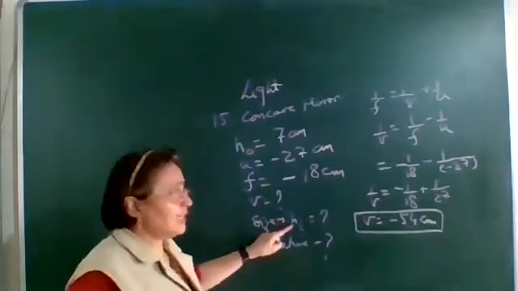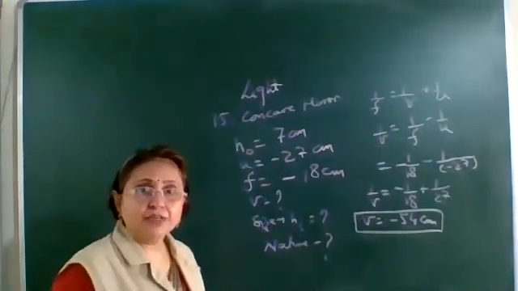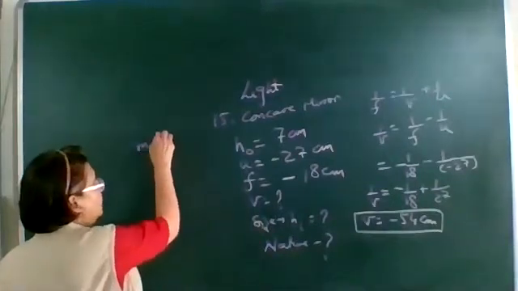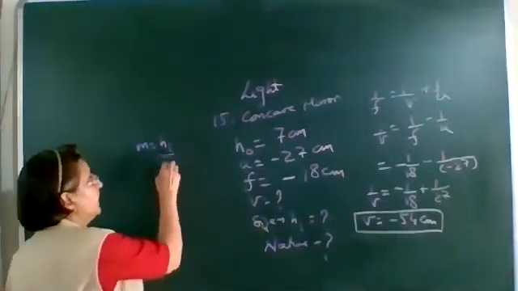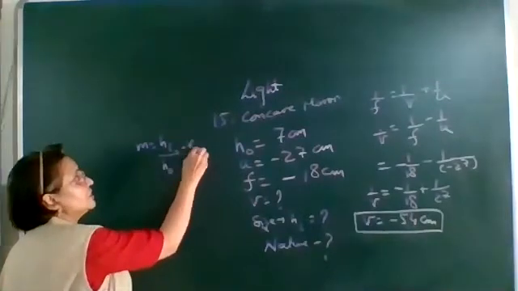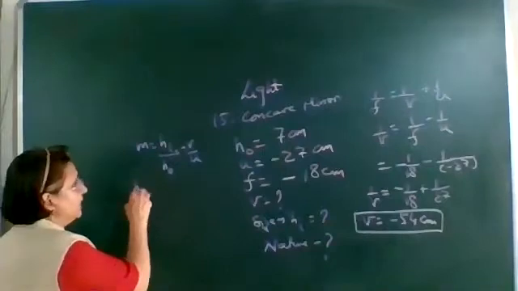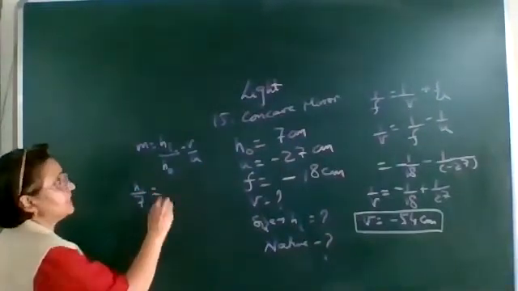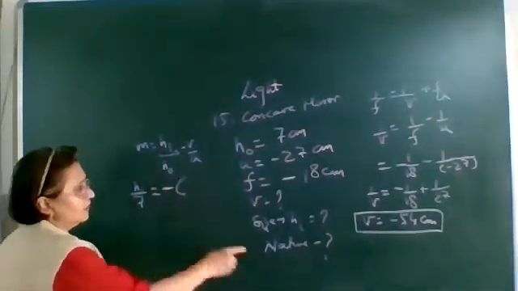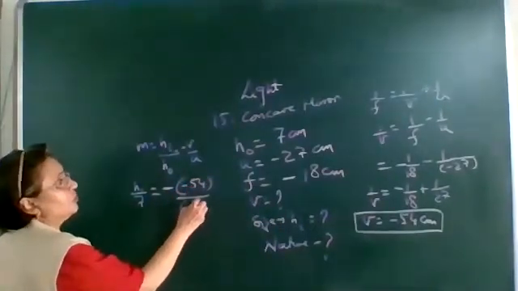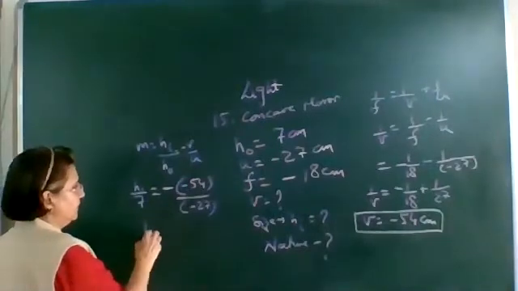Next, we will find out the height of the image. In order to find out the height of the image, we use the formula h2 equals minus v by u times h1. Height of the object is 7 centimeters, minus v here is minus 54, u here is minus 27.